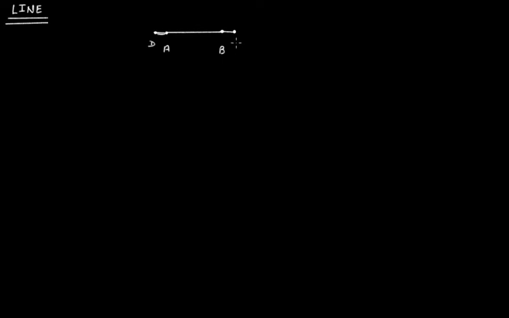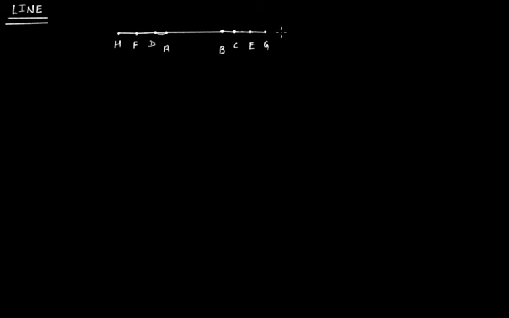Then again you take another point, that is E, and here you take F. Again, it might not look like an exact straight path, but assume that it's going in a straight path. That is, all these points are aligned in a straight path. You again take some points, G and H, and this goes on extending at this end, and it goes on extending at this end.